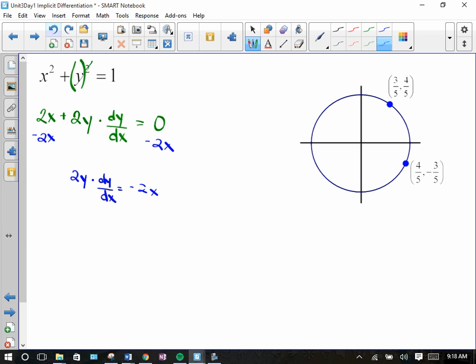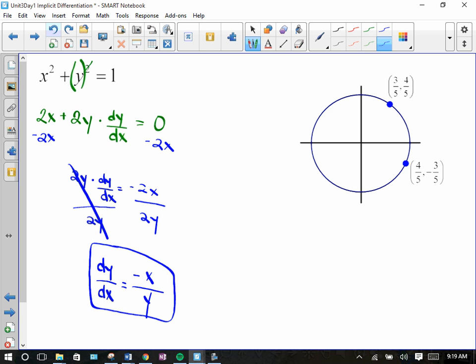Let's divide by 2y. That's going to cancel that out. We divide by 2y over here. So we get dy dx is equal to negative 2x divided by 2y. The 2's cancel out, negative x divided by y. And that is my derivative.